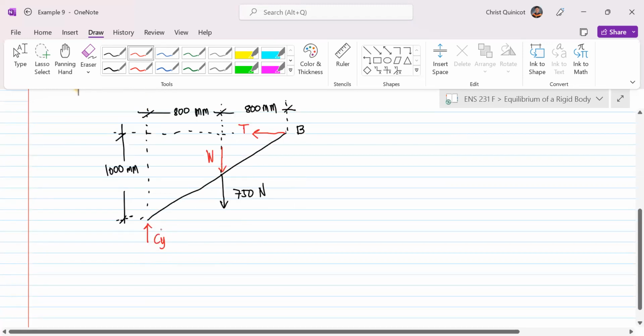So therefore, the horizontal reaction at C is going to the right to counteract that tension.